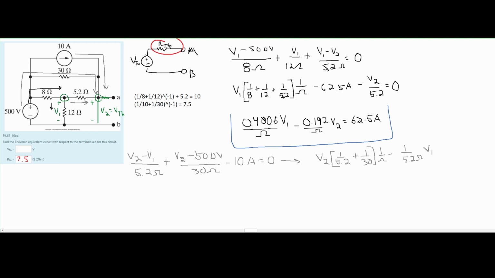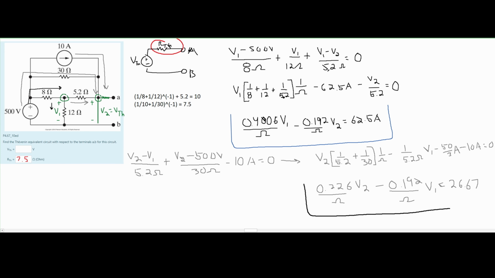We have this minus 500, which should be minus 500 over 30, but I'm just going to say 50 over 3, and then minus 10 amps is equal to 0. Now I'm just going to factor out some things and combine like terms. And then from here, we are going to get our second equation.